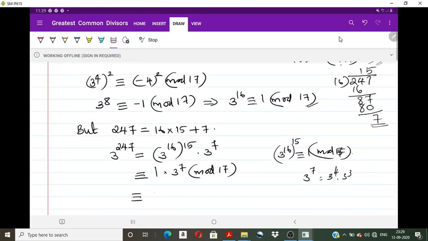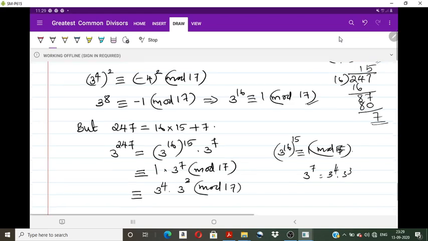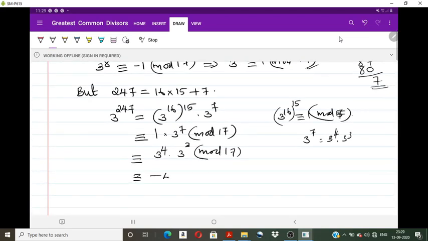So 3 raised to 7 can be written as 3 raised to 4 into 3 raised to 3 modulo 17. 3 raised to 4 is congruent to minus 4, and 3 cubed is congruent to 10 modulo 17. So it is minus 40.